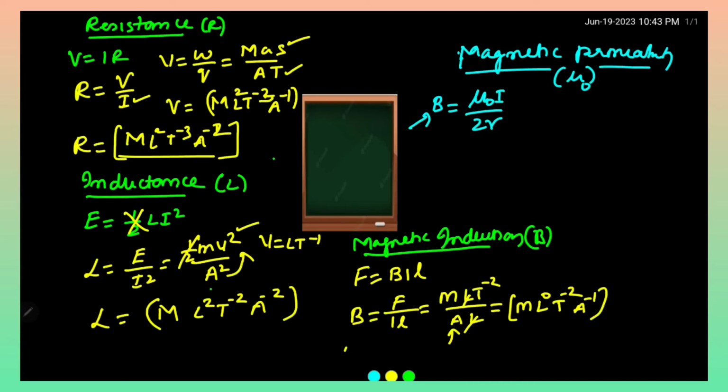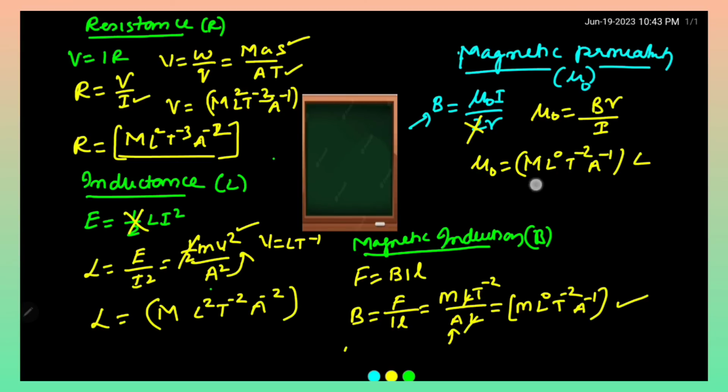So if you want to find out the dimensional formula for mu naught, for 2 there is no dimension. Mu naught is nothing but B into R by I. It's very simple. Now B means we got just now M, L power 0, T power minus 2, A power minus 1.